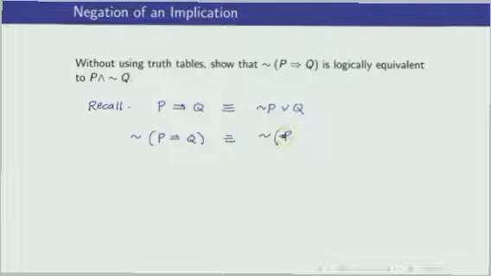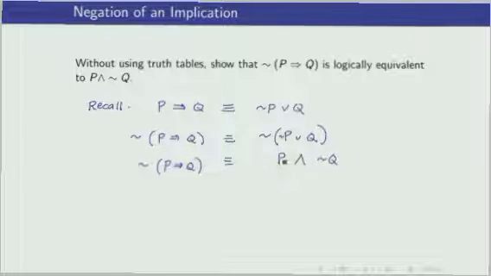So it's the negation of not P or Q. However, we already know the negation of a disjunction. We get the negation of the components. So that's P, and the negation of Q will be not Q, and then change or to and. So we get what we want. The negation of an implication is P and not Q.